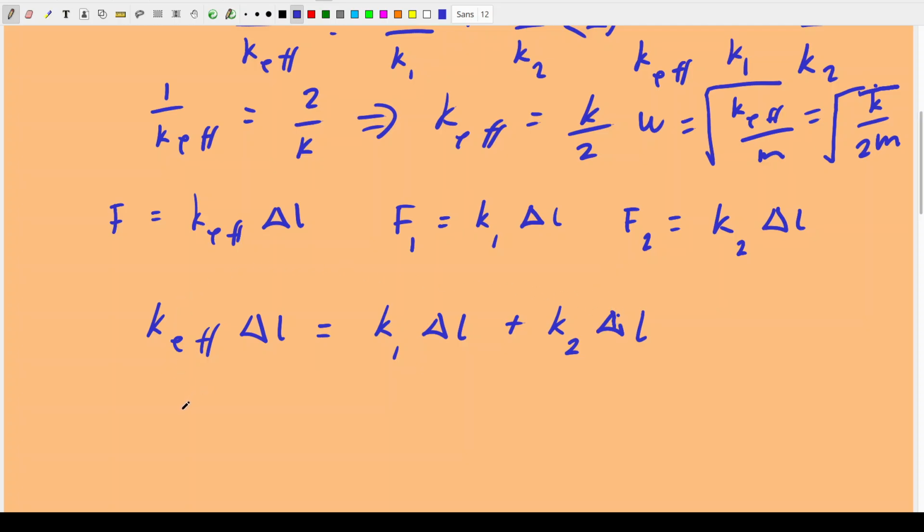So this is equivalent to kf equal k₁ plus k₂.